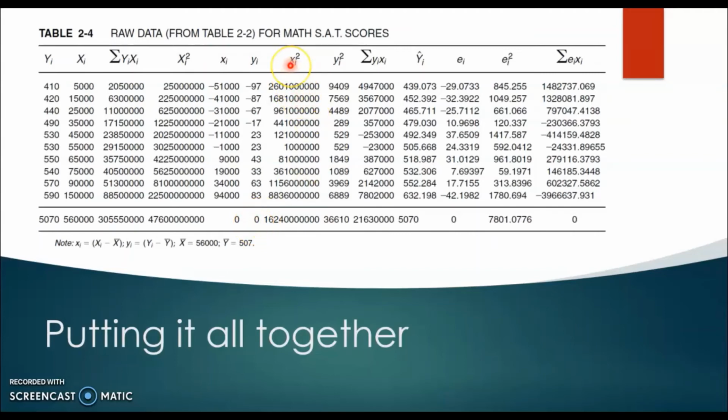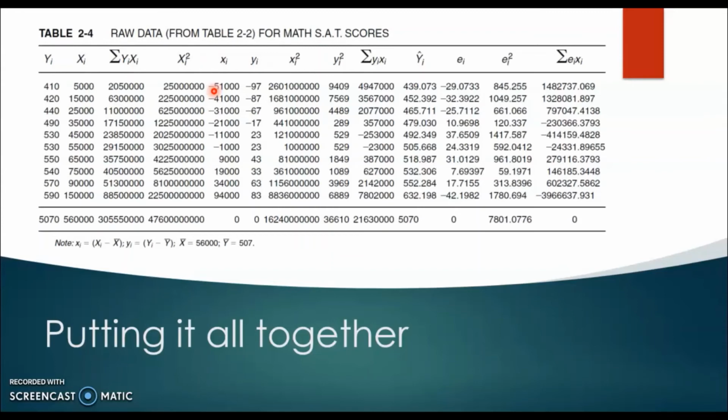On the next column, we have the squared deviation of x from its mean value. So how do we get this? All that we have to do is to multiply the deviation of x for every observation by its exact value, or to get the squared product of the deviation of x for each observation.